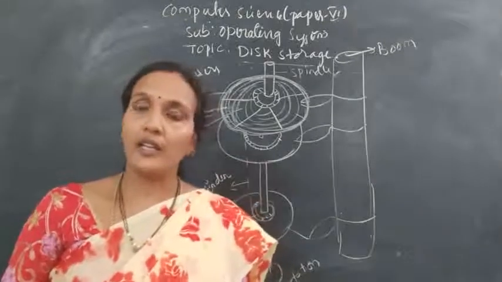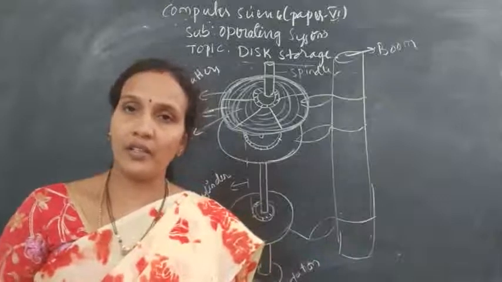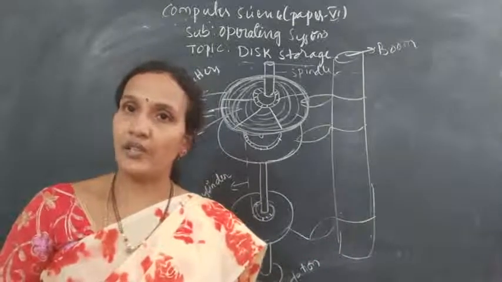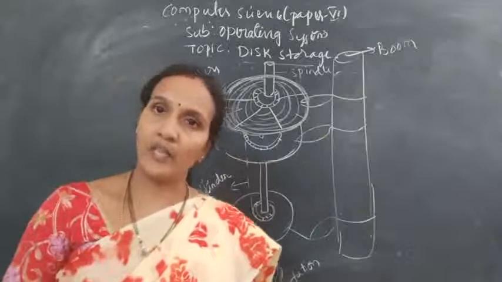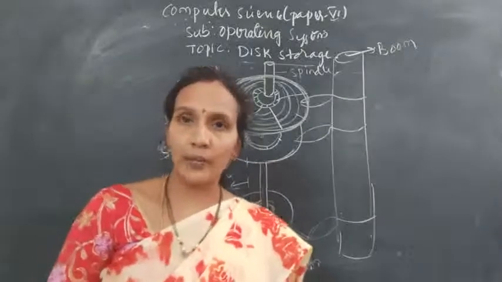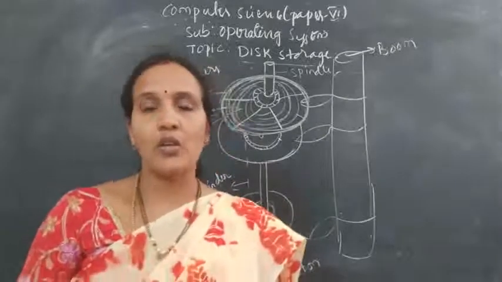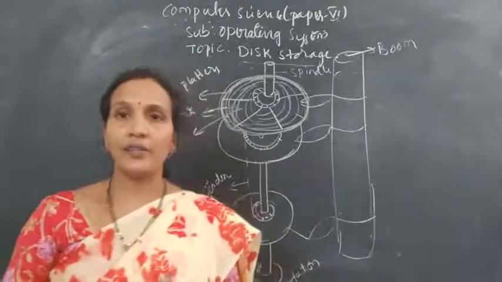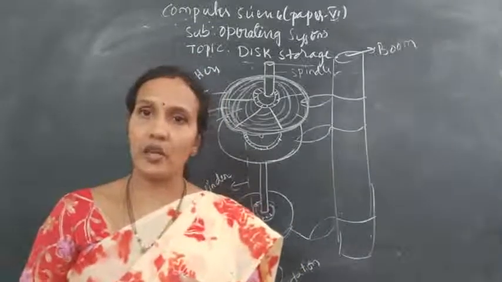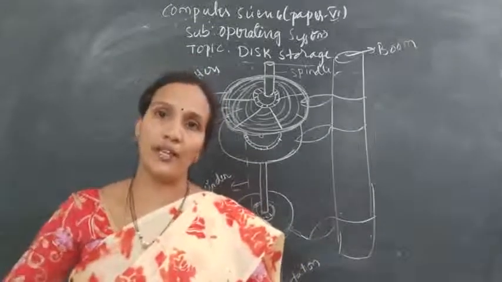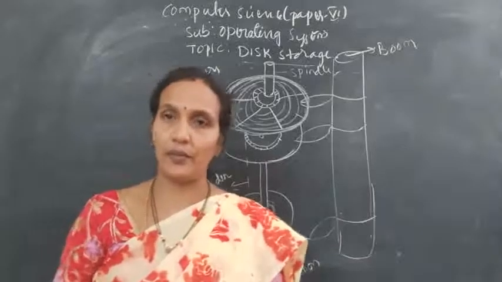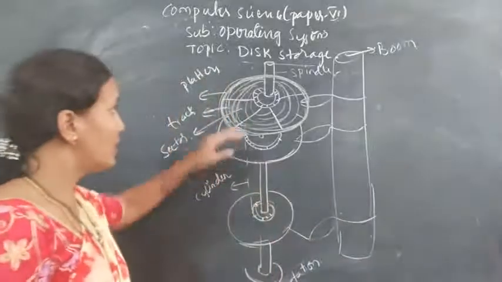Each track and each sector is identified with a track number and a sector number. One sector can store up to 1024 bytes of information. Clear? This is a sector.